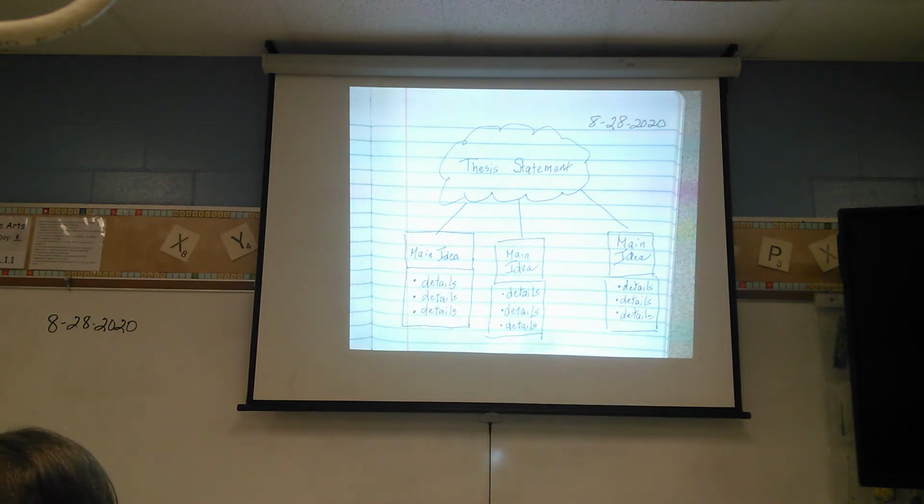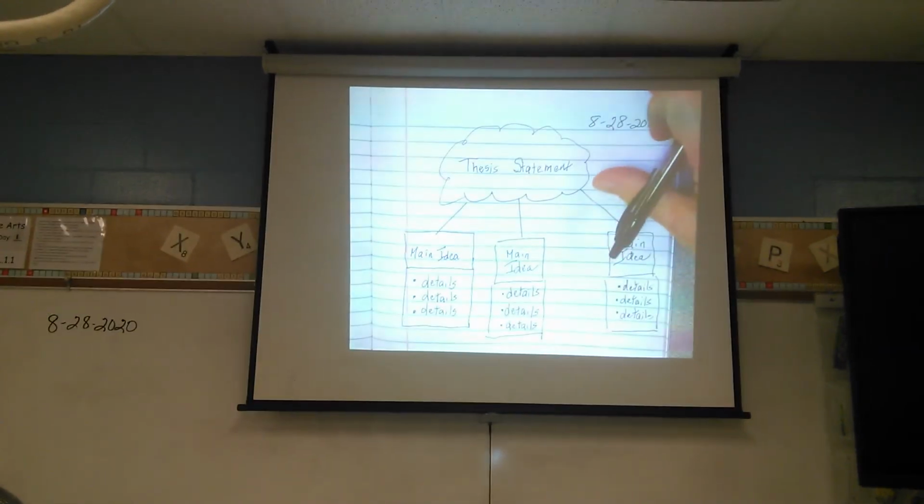Now, this will always be in your journal so that you can flip back and look at it. And as we do this throughout the year, it's just going to become automatic. It's just going to become familiar. You're going to know what you want to do when you're doing your plan.